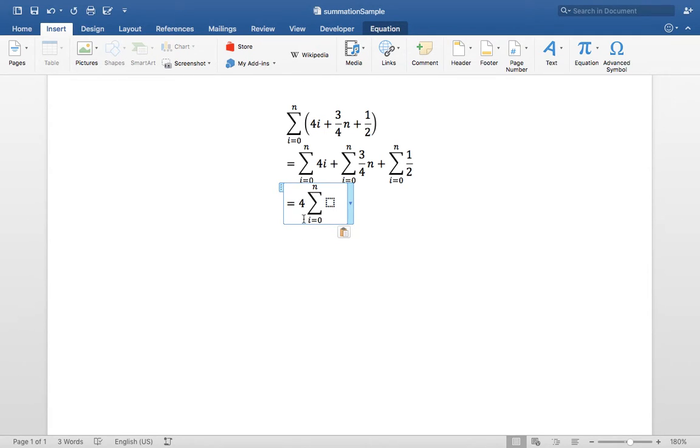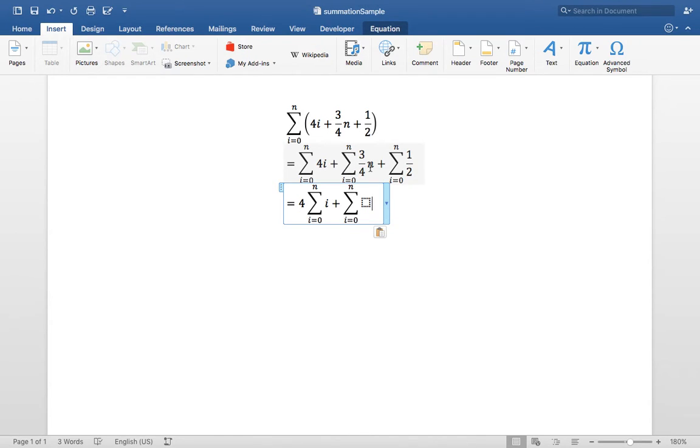So we move the 4 out because it's a constant. And remember, our summation is in terms of i, so i stays on the inside because it's something that's changing. That's our function.